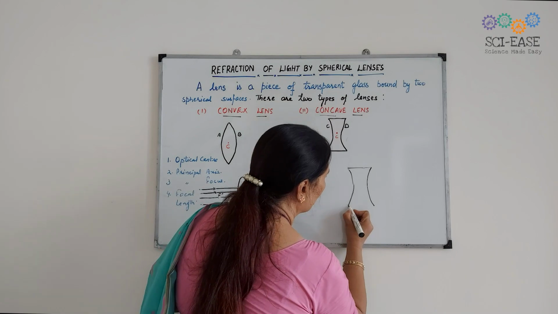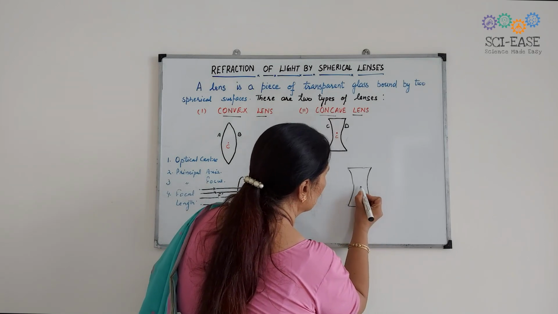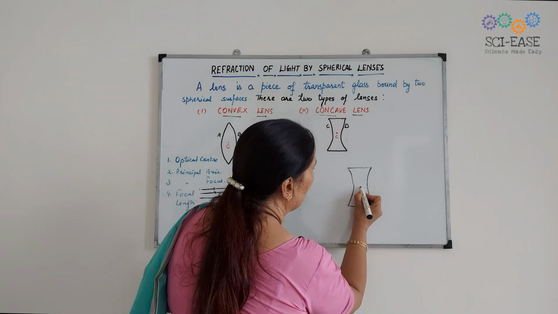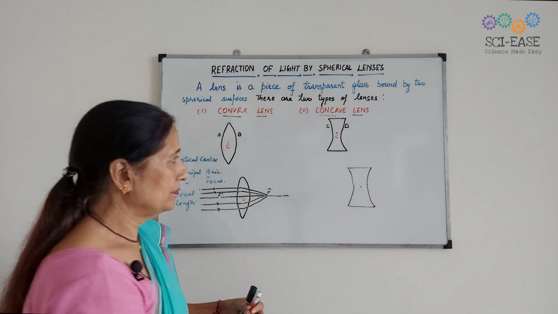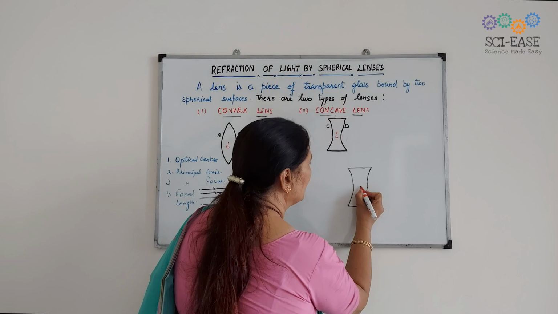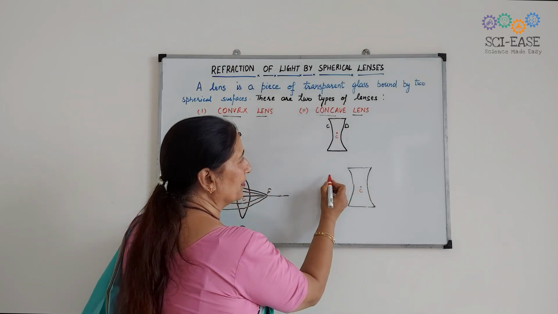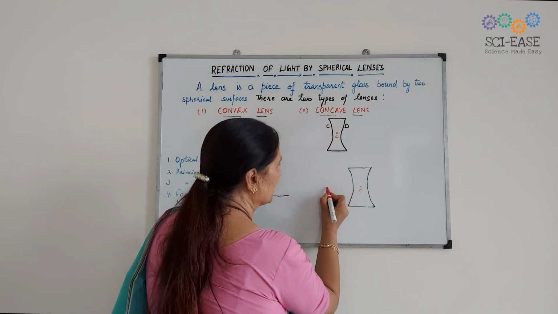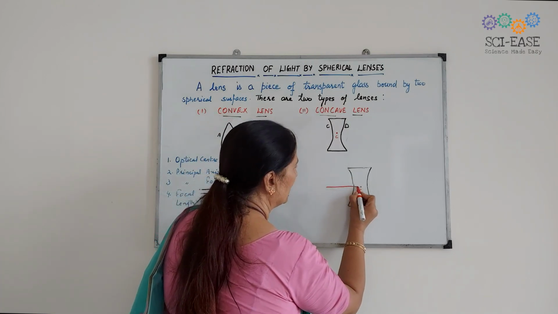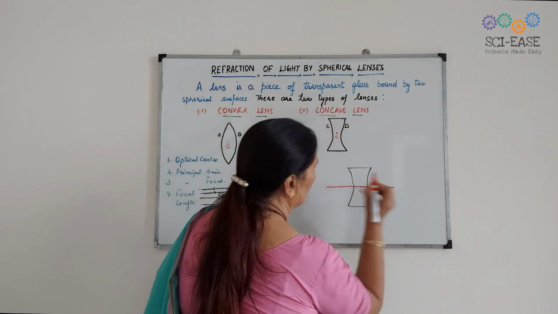This is the concave lens, sorry, and this is the center C. And this is the principal axis, which I will draw first, and it will go straight.